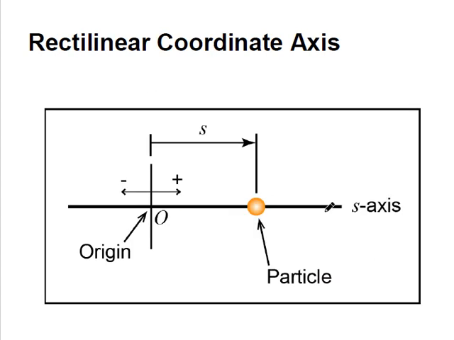So here is a diagram to see the coordinate axis. We have only a single axis, and we call that the rectilinear coordinate axis. So you can visualize here, we've got a straight line, and in this example I'm calling it the s-axis.